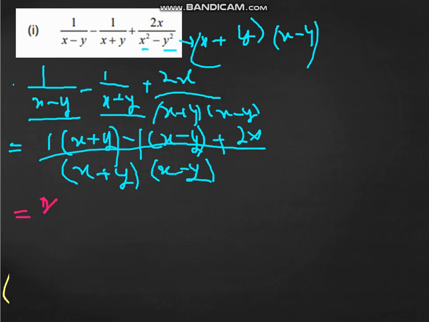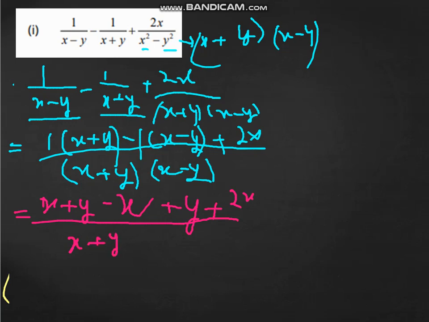So x plus y, and then negative 1 times x is negative x, negative 1 times y is positive y, and then plus 2x. In the denominator we get x plus y, x minus y.